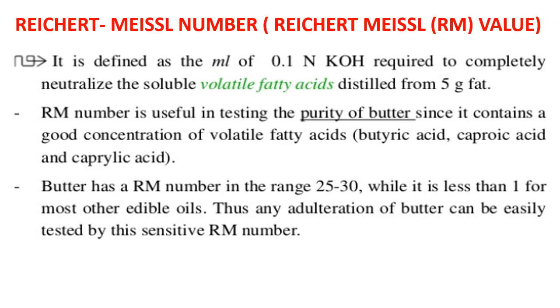Butter has an RM value in the range 25 to 30, while it is less than 1 for most other edible oils. Thus, any adulteration of butter can be easily tested by this sensitive RM number.